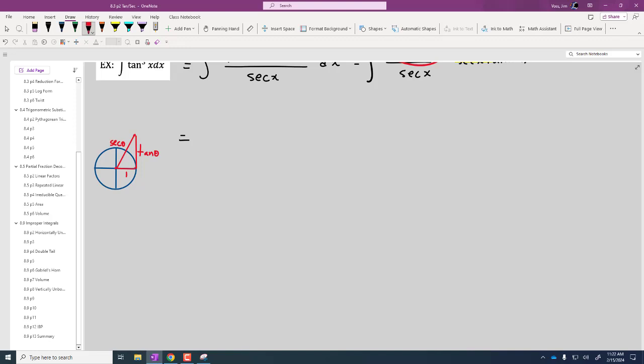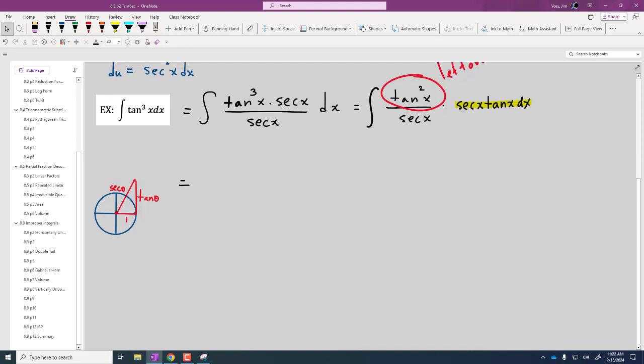So this is the identity. So if we want to convert, tan squared is going to be secant squared minus 1. Secant squared minus 1. Secants cancel. Oh, I guess I already have an equal sign over here, so let's move it over a little. Okay, so tan squared is secant squared minus 1.